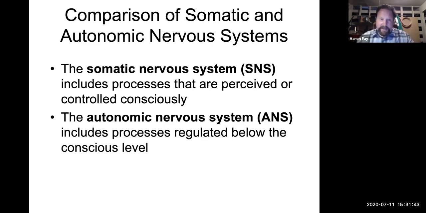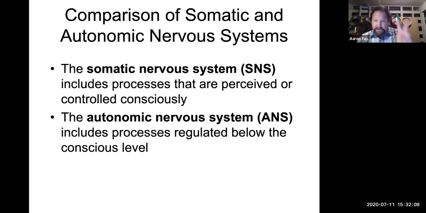Here, when we're talking about the somatic nervous system, we're talking about somatic sensory and somatic motor. So this would be information that you're consciously aware of, right? Sensation, stimulus that you're consciously aware of, that's your somatic sensory. And then motion that you have control over, basically skeletal muscle, that was your somatic motor.